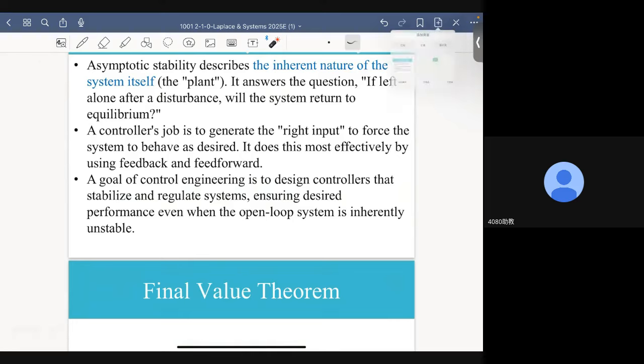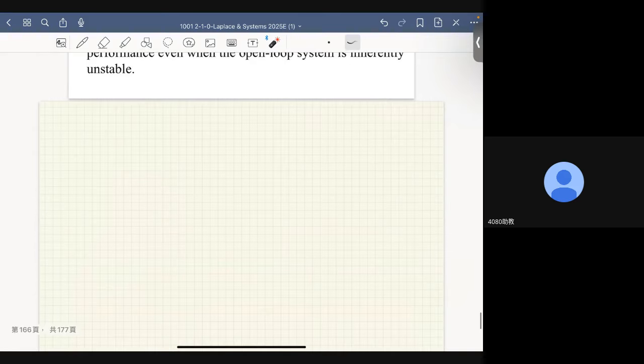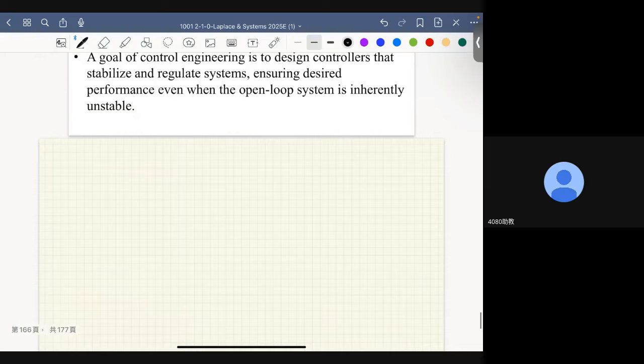Okay. Let's imagine a situation. Here is our surface. Here is a ball.